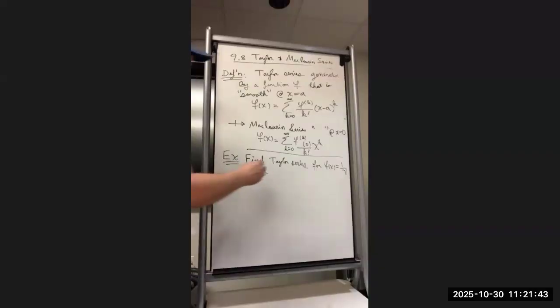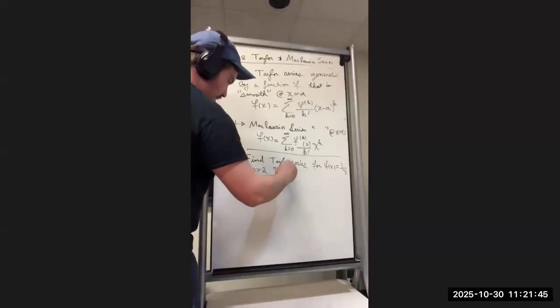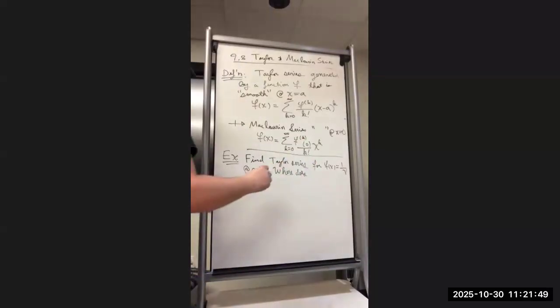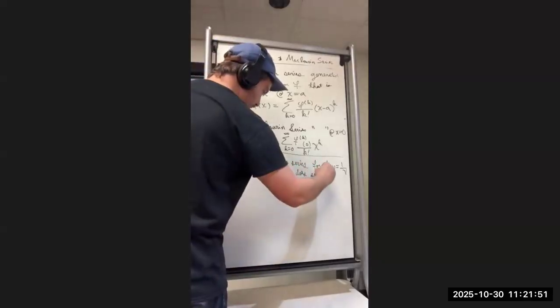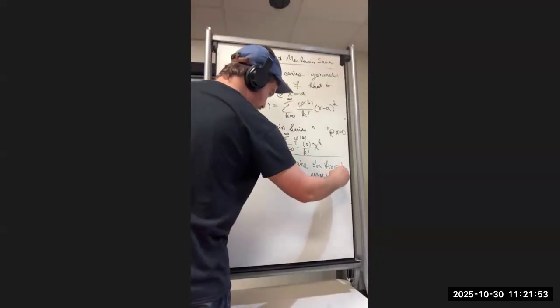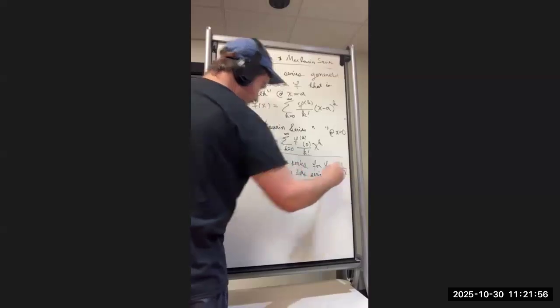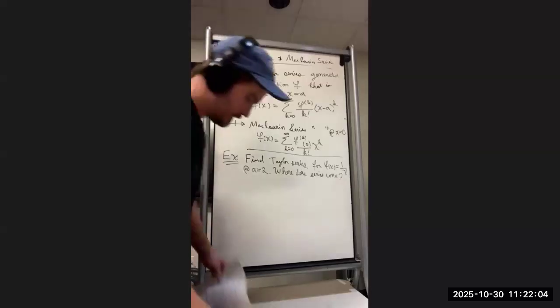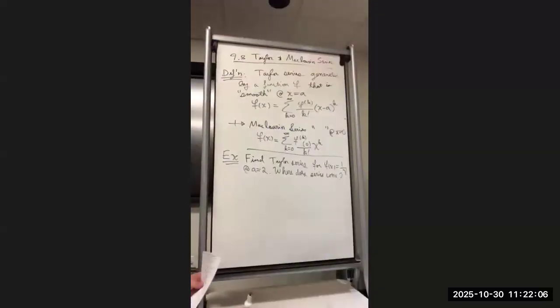And then the follow-up question will be, where does it converge? You're going to get used to this. You're going to do enough of these that you'll get to be crackerjack Taylor series discoverers.